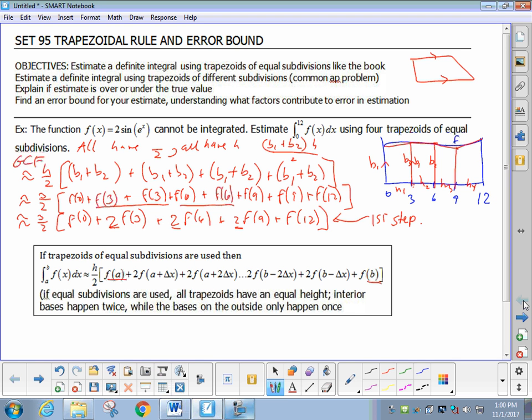And then if you separate it into 2 parts, it makes sense as you're adding on areas to the existing trapezoid. When you separate that operation, it's h over 2 times f of a plus f of b, plus h over 2 times whatever is in between.